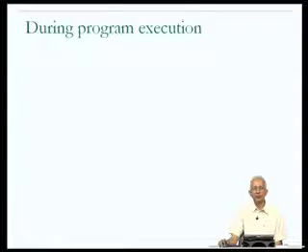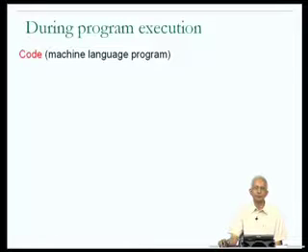Okay, so let's just think a little bit more about what happens during program execution. The picture that we should have in mind is the following. We understand that our program, which we first wrote in C, has been modified by the compiler into an a.out, which contains machine language instructions corresponding to the steps of our program, and that is called the code of our program.